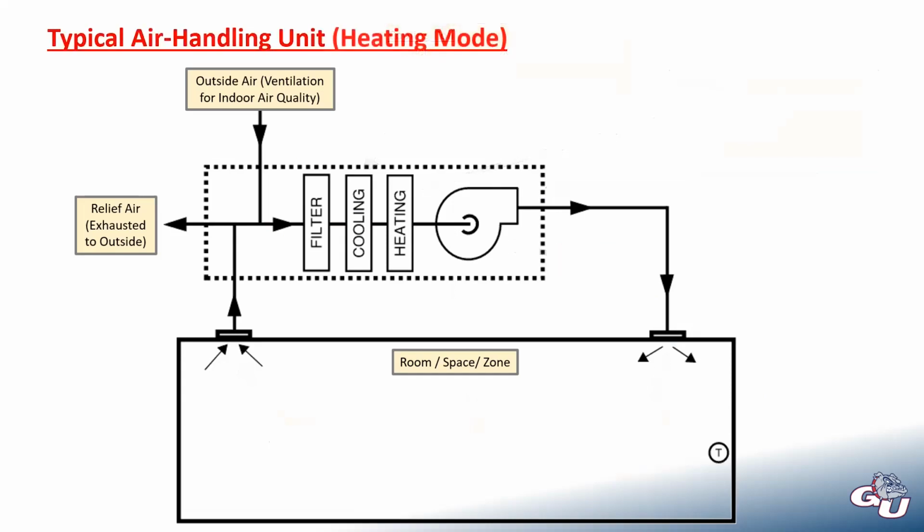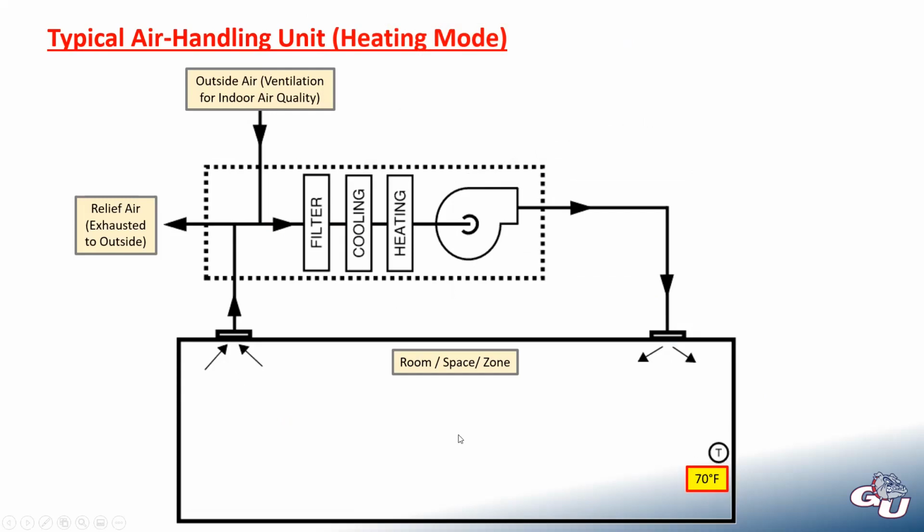So what does this look like in heating mode? Let's say we're trying to maintain the space at about 70 degrees. And let's say the thermostat is detecting a drop in temperature, so it's going to send a signal to the unit to provide heating.